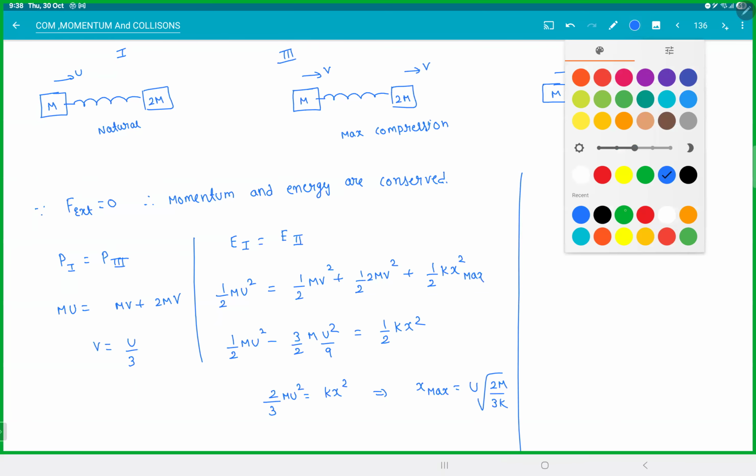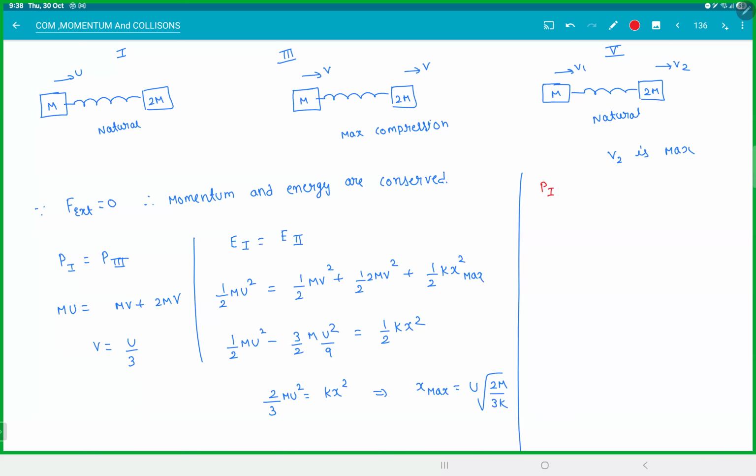Similarly, momentum in state 1 is equal to momentum in state 5. Mu is equal to mv1 plus 2mv2. Energy in state 1 is equal to energy in state 5. Half mu square is equal to half mv1 square plus half 2mv2 square.